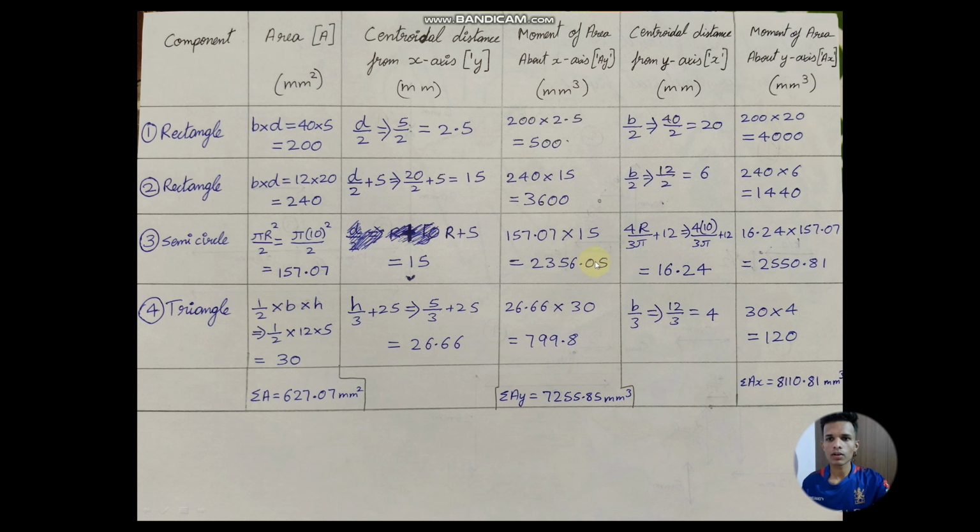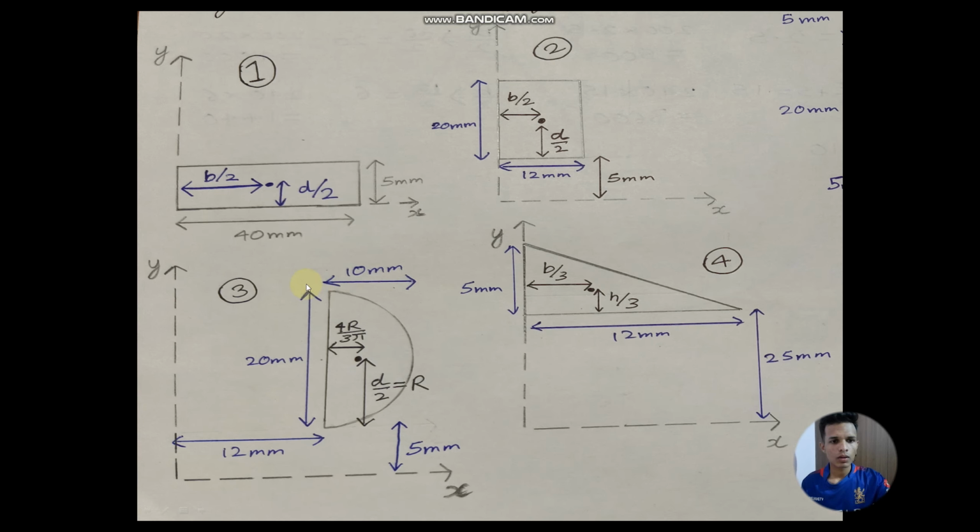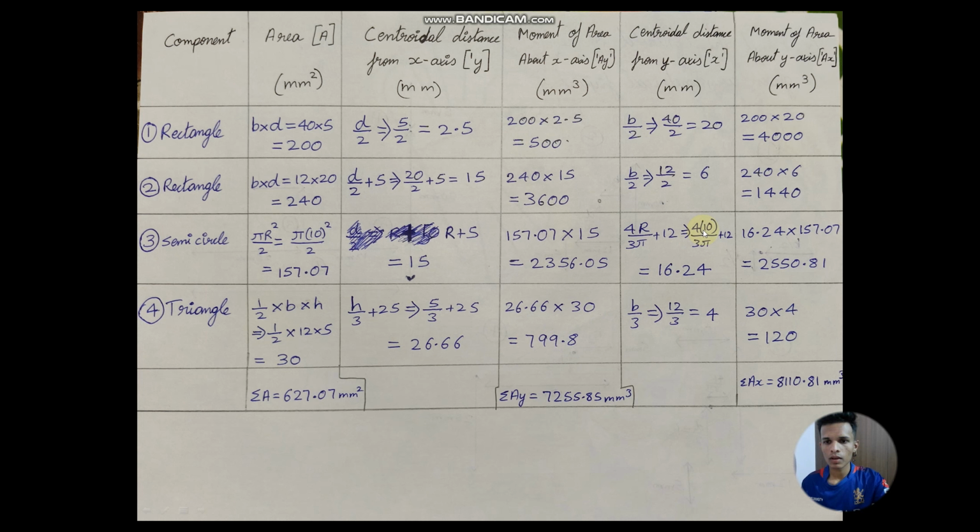Next, the centroidal distance from y-axis is 4r by 3 pi plus 12. This is 4r by 3 pi. This distance is 4r by 3 pi plus this distance, which is 12. So yeah, 4r by 3 pi plus 12, we get it as 16.24.